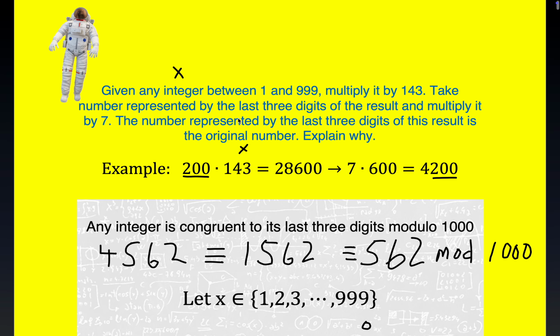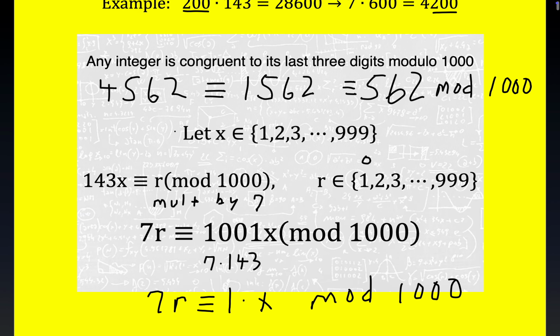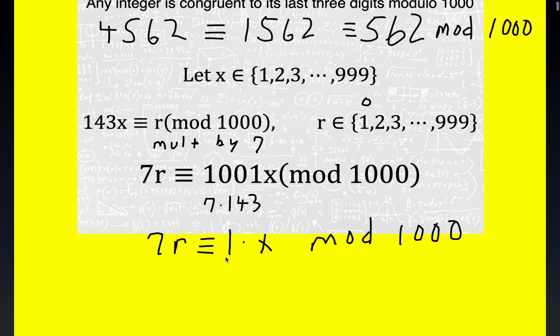It says the number represented by the last three digits of this result is the original number. Well, remember, x is our original number, and that's what this congruence statement says. Any two objects that are congruent to each other mod 1,000 have the same last three digits. If it was mod 100, it would be the same last two digits. So anyway, it's QED time. We proved it.